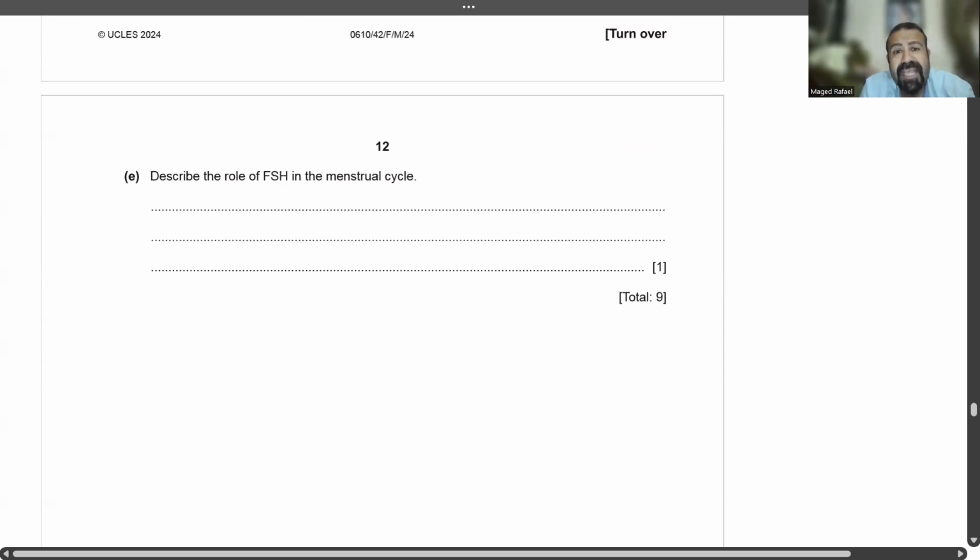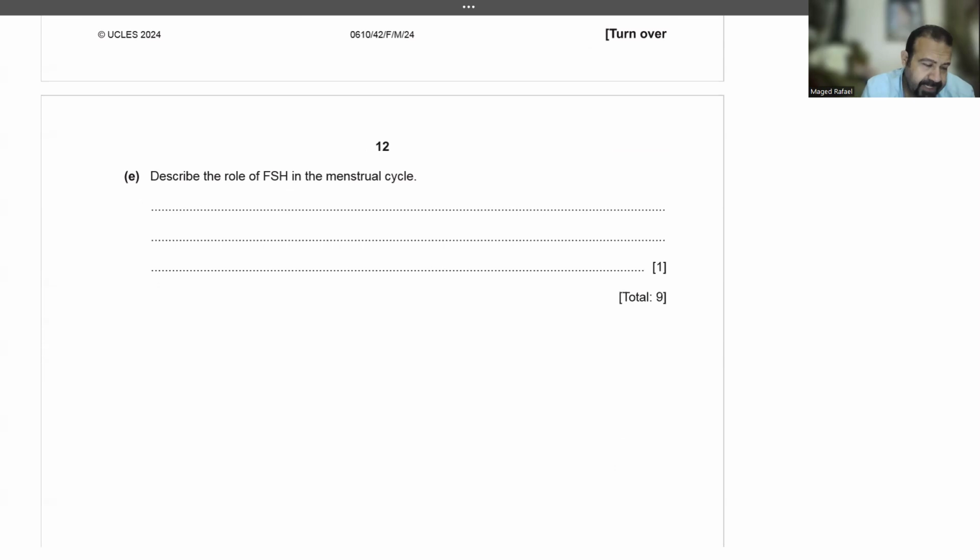Describe the role of FSH in the menstrual cycle.